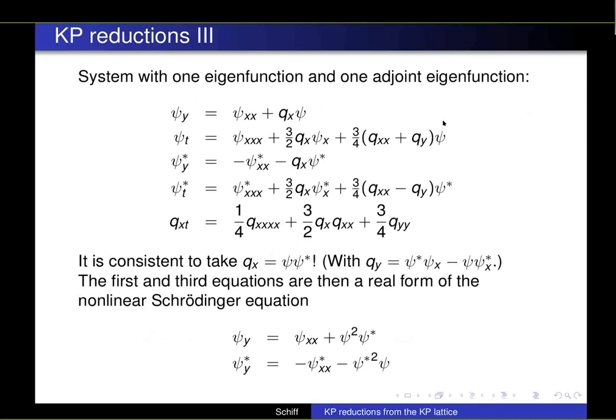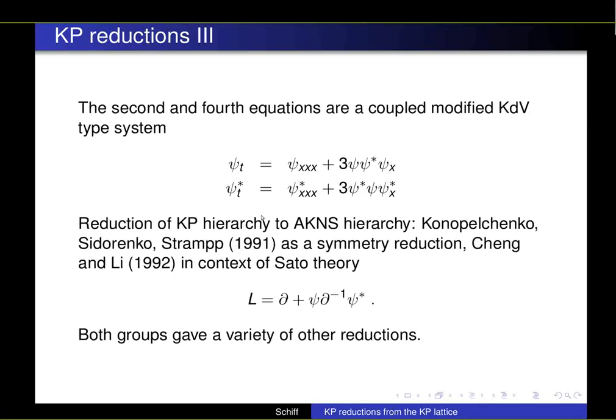These systems have been studied, particularly the nonlinear Schrodinger equation, which of course has enormous applications. The reduction of KP to what's called the AKNS hierarchy, which includes all these equations, is due to Konopelchenko, Sidorenko, and Strampp in 1991. And they found it as a symmetry reduction. I won't explain in what sense it's a symmetry reduction. Cheng and Li found out how to do this in the context of Sato theory.